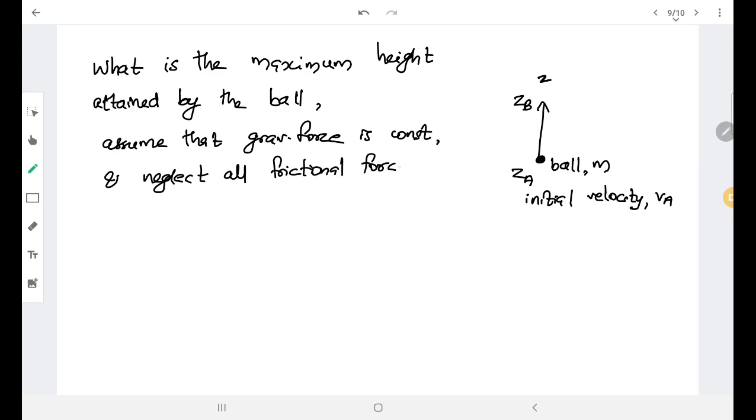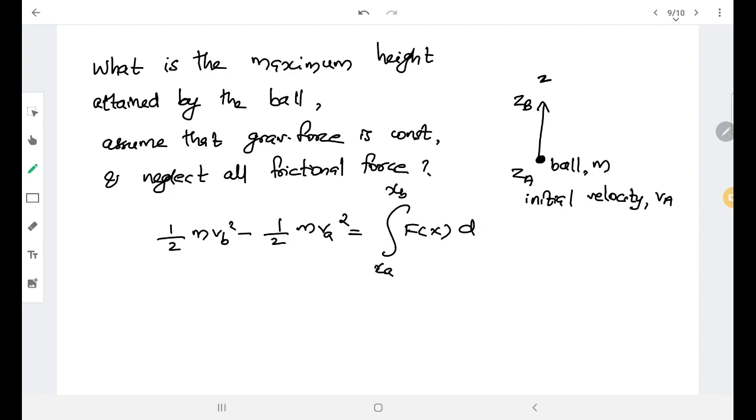I will give you some hints, and using those hints you can complete it. You can use the previous equation we derived, that is half m vb square minus half m va square is equal to the integral from xa to xb of f of x dx. Why do we use this equation?